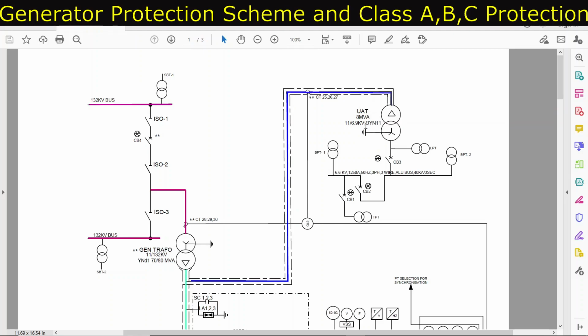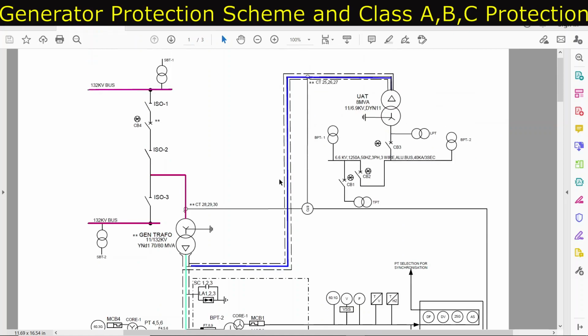This is a step down transformer, 11 by 6.9 kV, DYN11 configuration. So if the generator generates power, by this transformer we can use the power for our auxiliary supply. Like in a power plant we have a lot of auxiliary supply, motors, transformers.